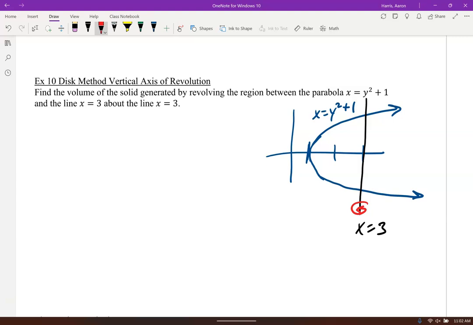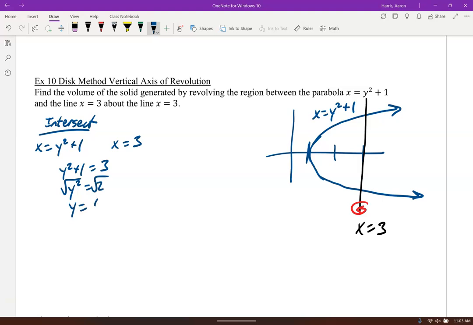Where do these things intersect? Where does x equals y squared plus 1 intersect with the line x equals 3? In other words, where does y squared plus 1 equal 3? Looks like plus or minus root 2.